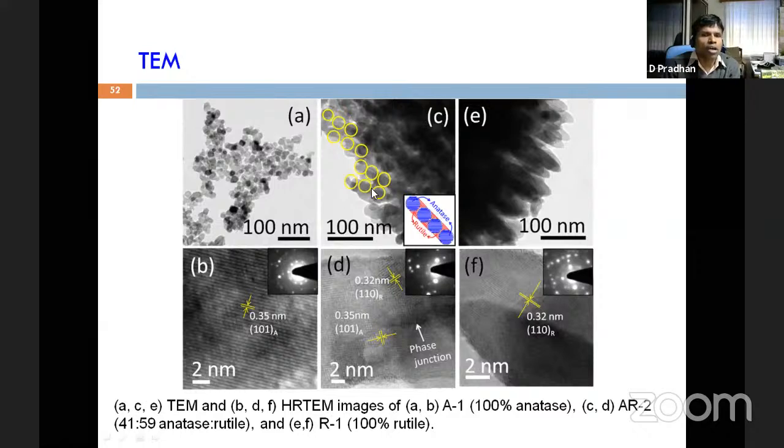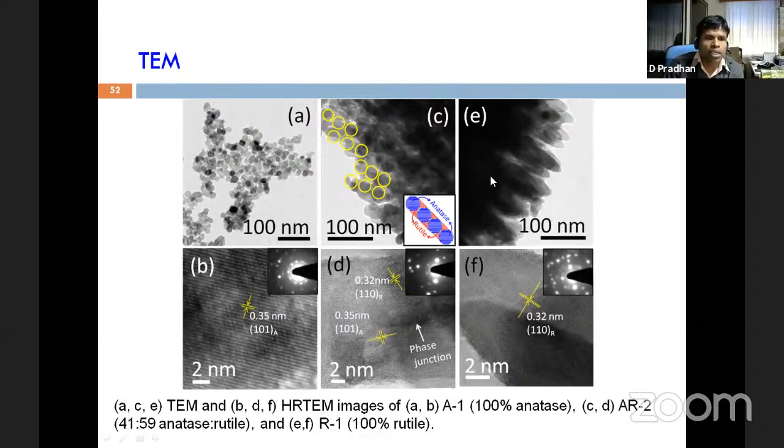We have done measurements through high resolution TEM, finding these initial particles are almost spherical, not very spherical, but these particles are anatase. And on the side, we find the d-spacing or the lattice parameter matching the rutile phase.